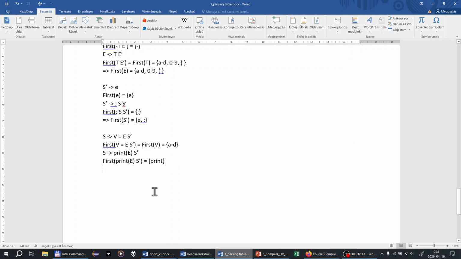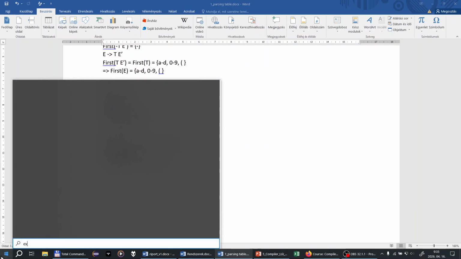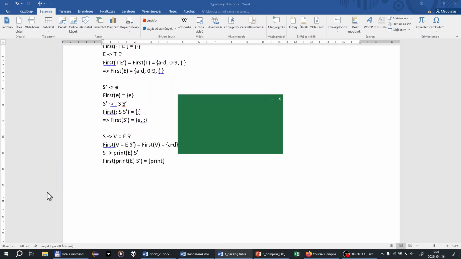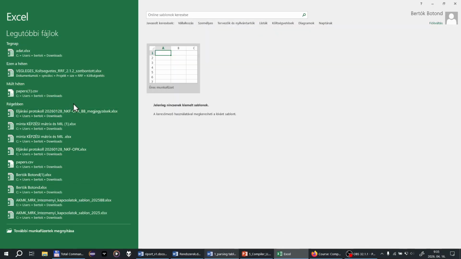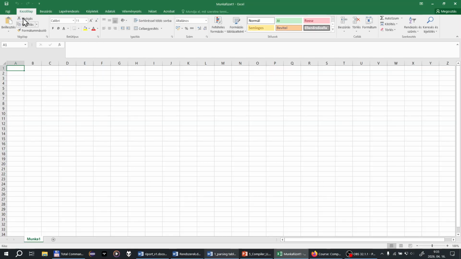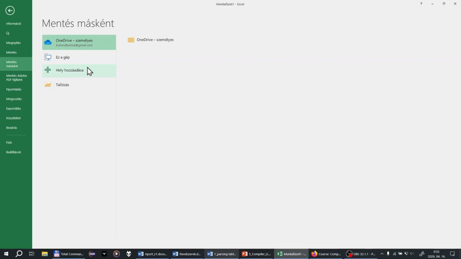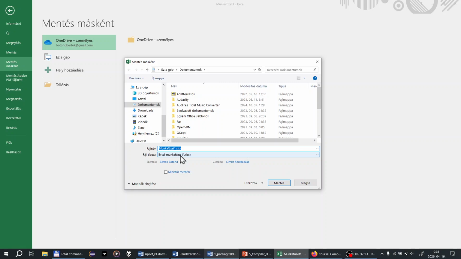Then we can start constructing the symbol table.